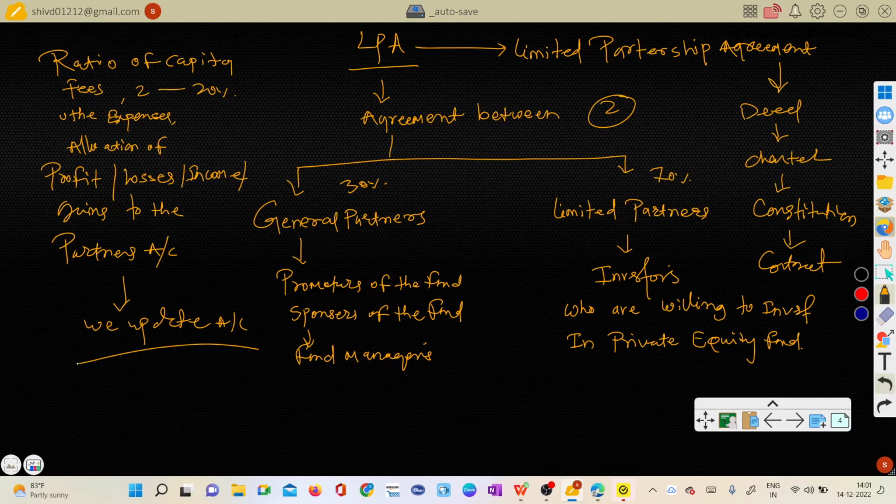Why, sir, this general partner and limited partner structure? Because in private equity, the general partner structure would already be there. Limited partners are investors who want to share their money with the fund managers for an investment purpose. In that case, they form the LLP. So what is this LLP?